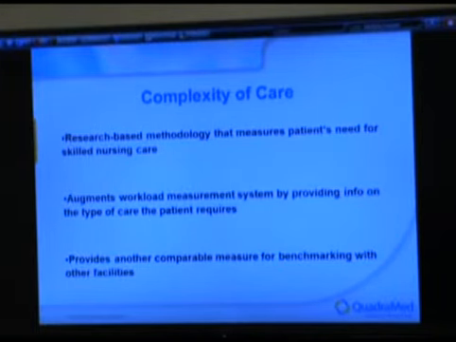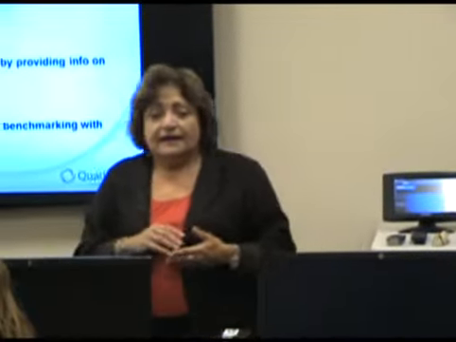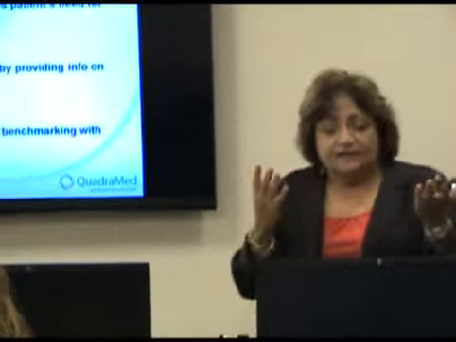So when you classify a patient using that set of indicators, you'll get two scores. One is acuity, one is complexity. Acuity looks at how many hours of care a patient needs. Complexity looks at the skill of the worker. And because of that, the weights are different for acuity versus complexity.